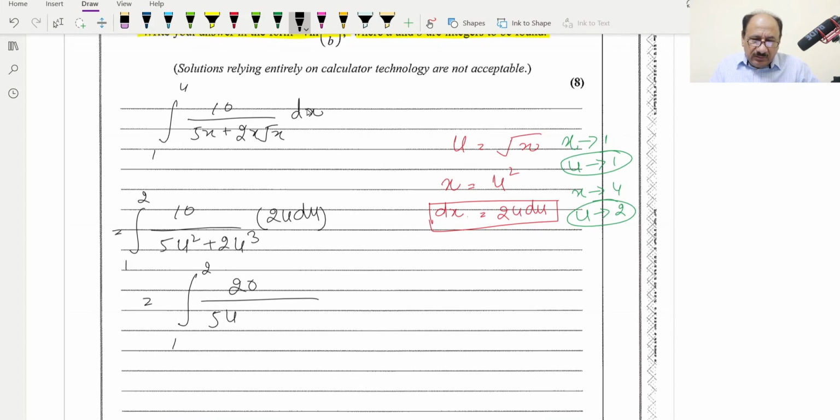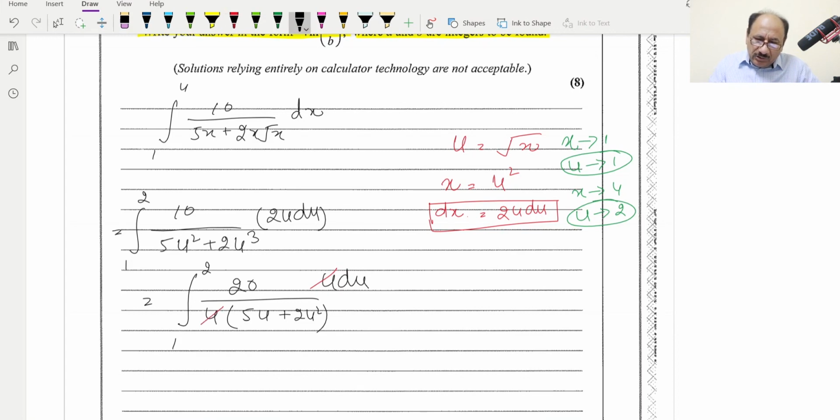We can take u common, so it will be 5u plus 2u squared, and this will be u du, and we can cancel this u with this one.